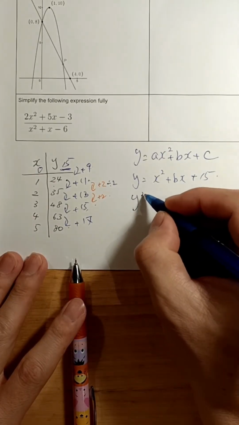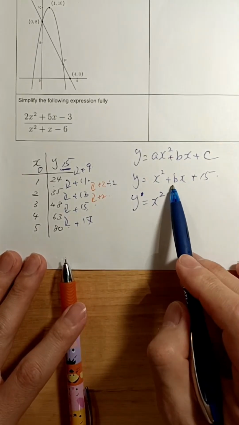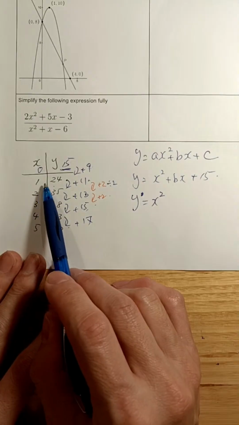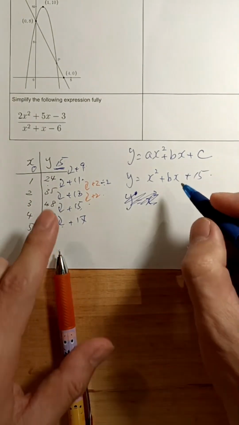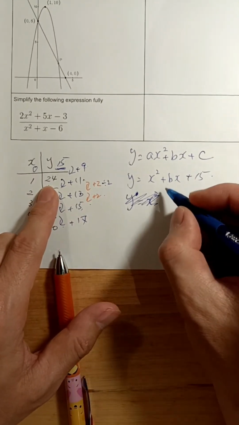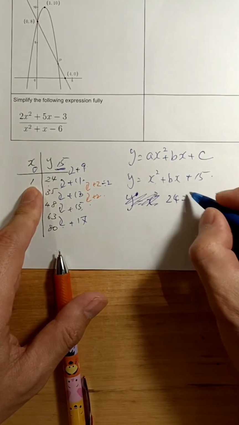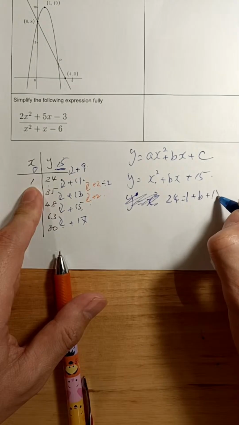So y equals x squared, and then the b value, you need to fit 1 and 24 instead of y, isn't it? Oh, I skipped one step. So I plug 24 instead of y, and then 1 instead of x. So 1 times 1 is 1, plus b plus 15.